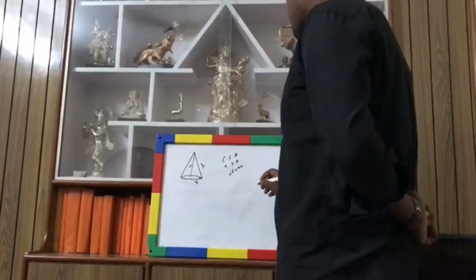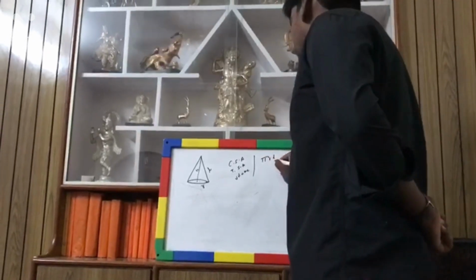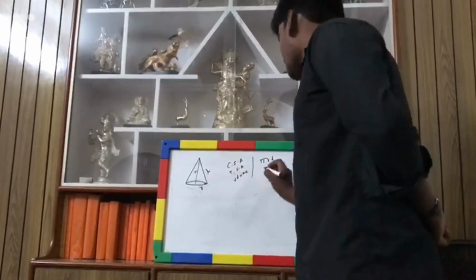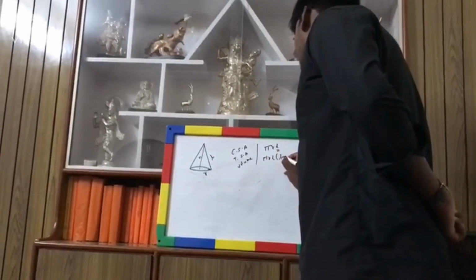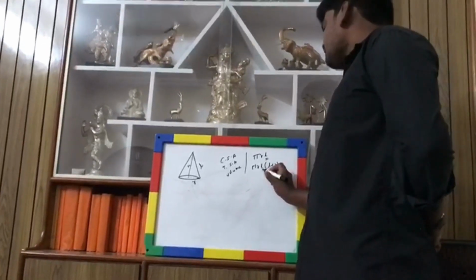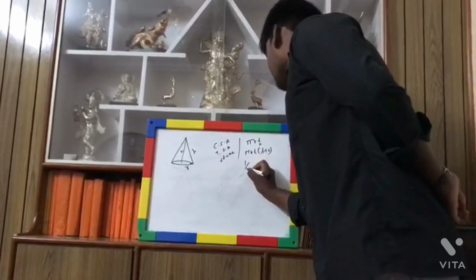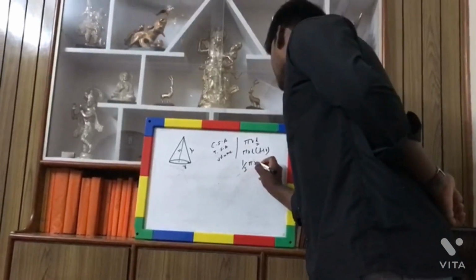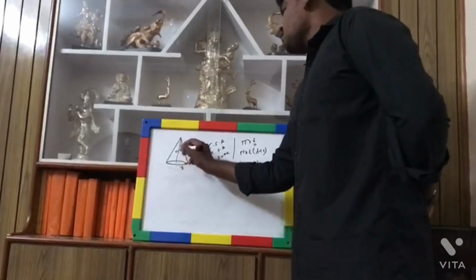The curved surface area of the cone is pi r L. Here L means the lateral height, and the total surface area is pi r into L plus r. Again we have the lateral length and the radius. Coming to its volume, it's 1 by 3 times pi r square h. Here h means the height of the cone.